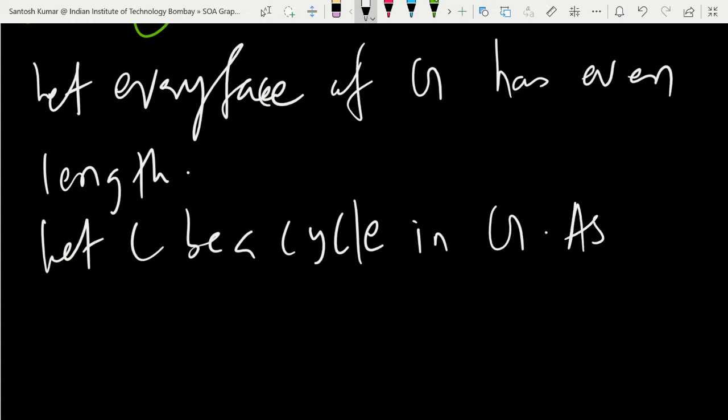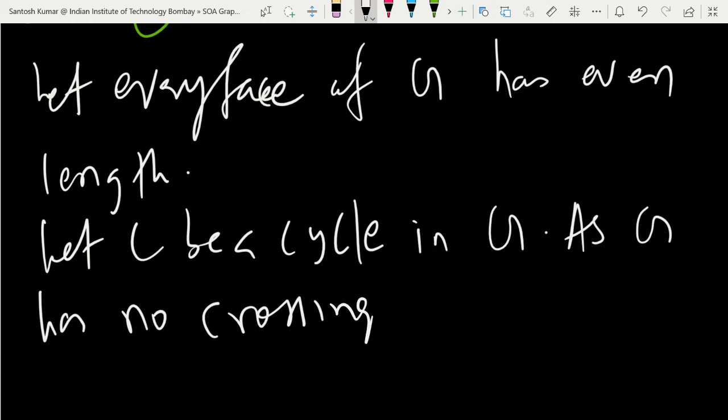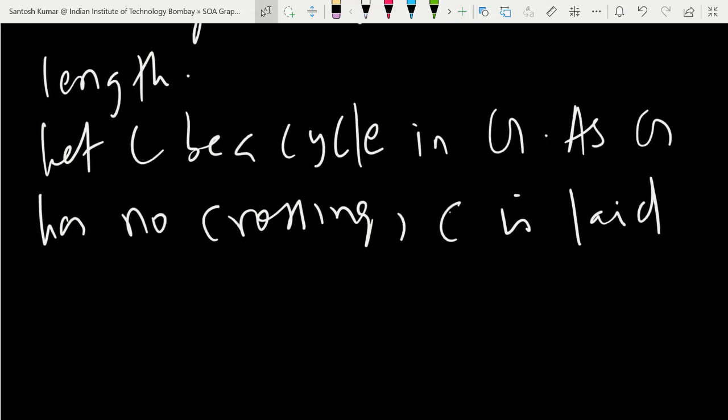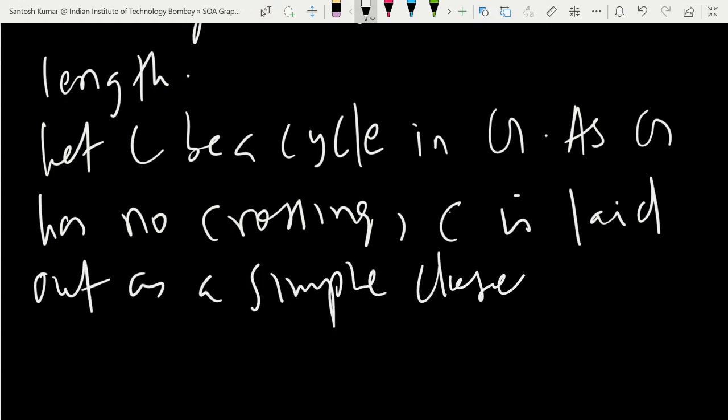And as G has no crossing. Why does G have no crossing? Because G is a planar graph. So since G has no crossing, C is laid out as a simple closed curve.